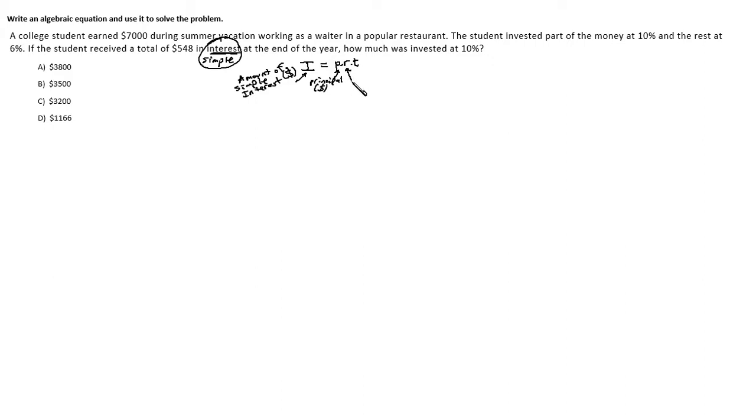This formula, I equals PRT. R means rate, and that's usually expressed in percent per year. That's convenient for us because the unit of time that's elapsing is a year. And then T means time.